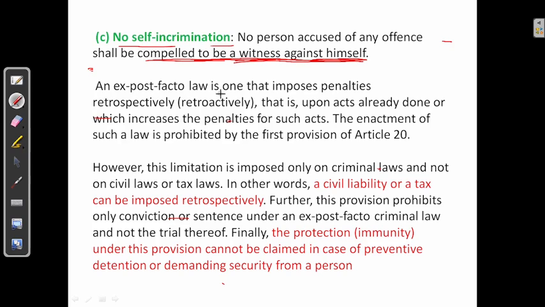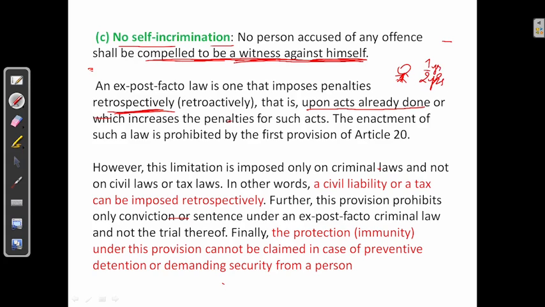An ex post facto law is one that imposes penalties retrospectively, upon acts already done, or which increases the penalty for such acts. For example, a person is already under punishment, imprisoned for 2 years, and has completed 1 year.